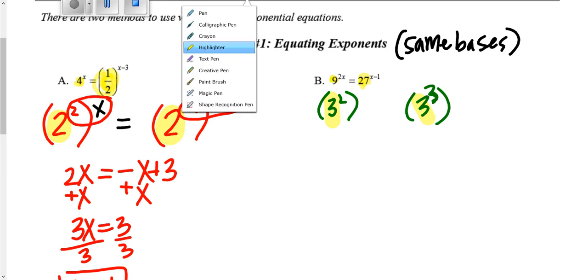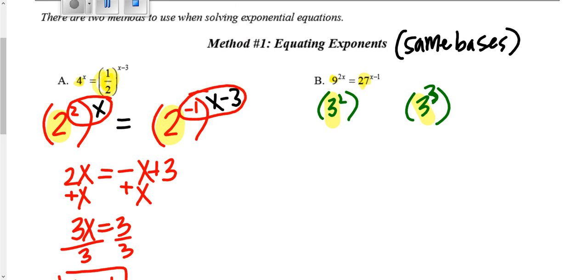All I have to do in order to continue is make sure I don't leave out those original exponents. This was 9 to the 2x equals 27 to the x minus 1. Once you have the bases the same, you can actually ignore the bases and just use your properties of exponents.